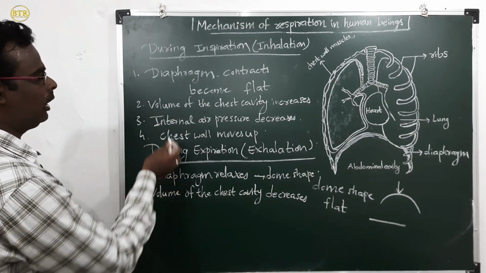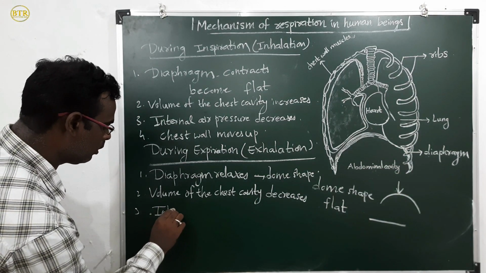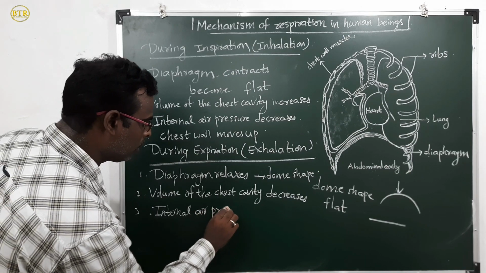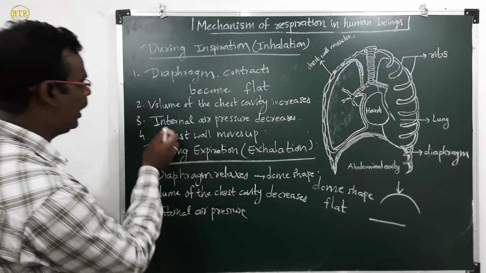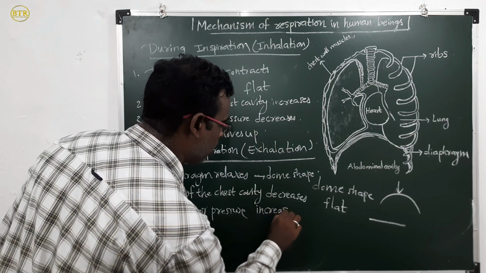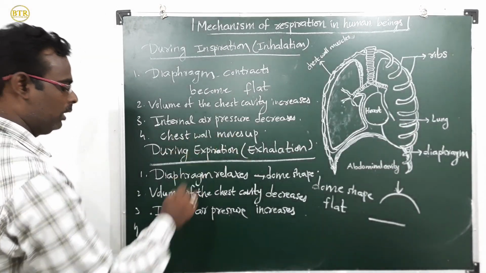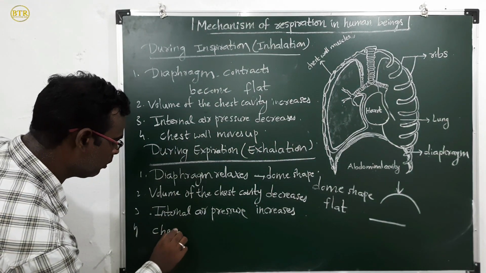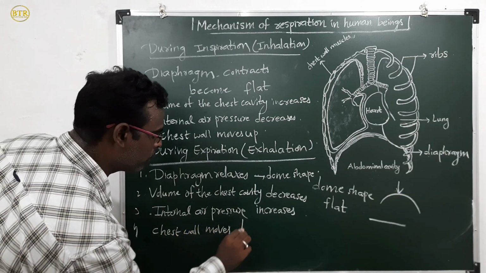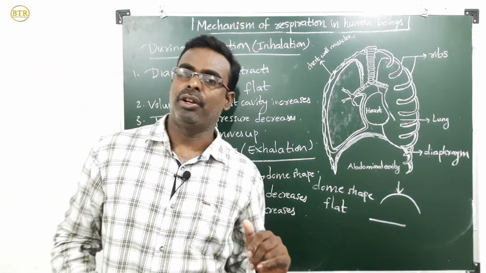Next, third one, here internal air pressure decreases, here opposite, internal air pressure increases. Next, fourth one, chest wall moves up, here chest wall moves down.